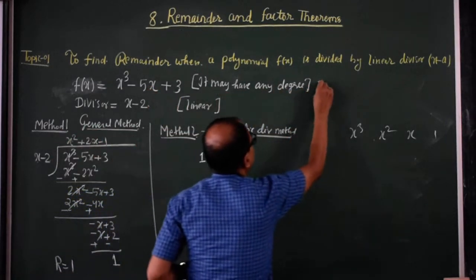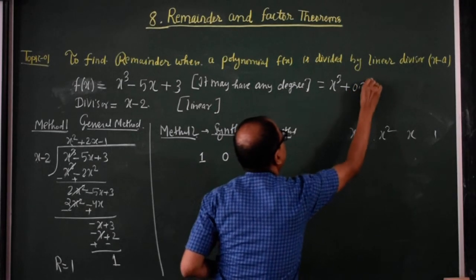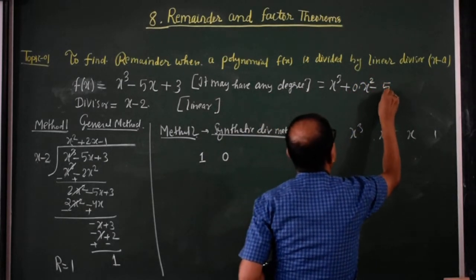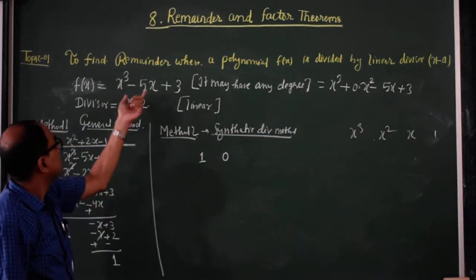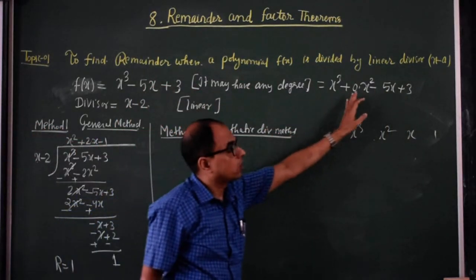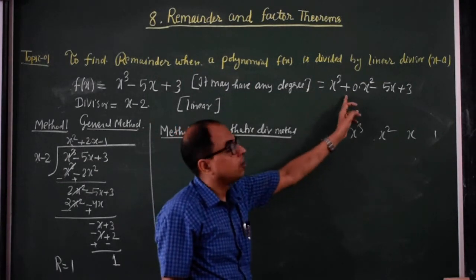This can be written as x cube plus 0 into x square minus 5x plus 3. This is called a complete polynomial, and the earlier one is an incomplete polynomial. If each degree is present, then it is called a complete polynomial.